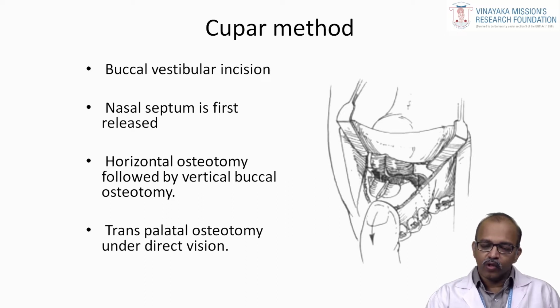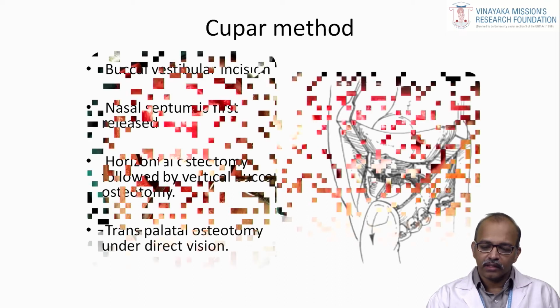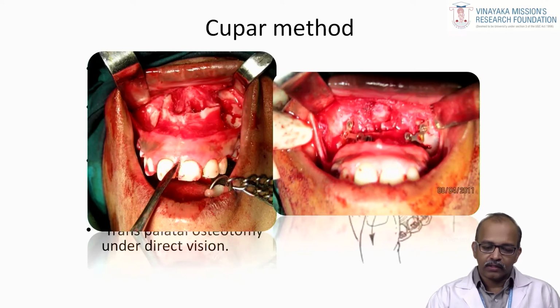We mostly do anterior maxillary osteotomy by the Cooper method, that is 4 extraction, then a vertical osteotomy cut and then a horizontal osteotomy cut, and then the nasal septum and nasal soft tissues are cleared and the segment is down fractured, set in the desired position and fixed with plates and screws.